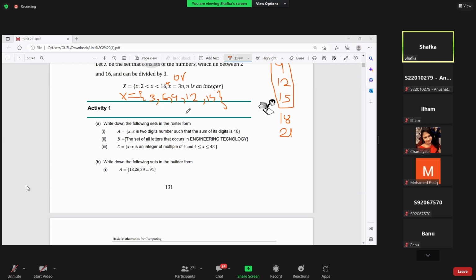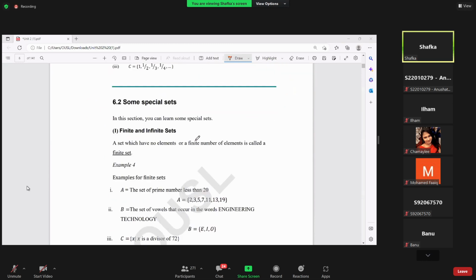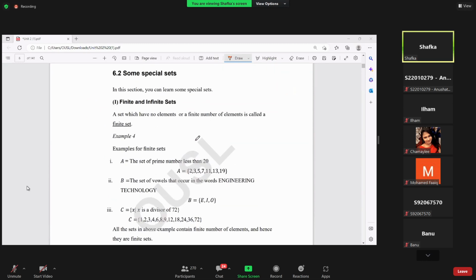Then we'll go to some special sets, finite and infinite sets. We already talked about this at the beginning. What is a finite set and what is an infinite set? What is a finite set?